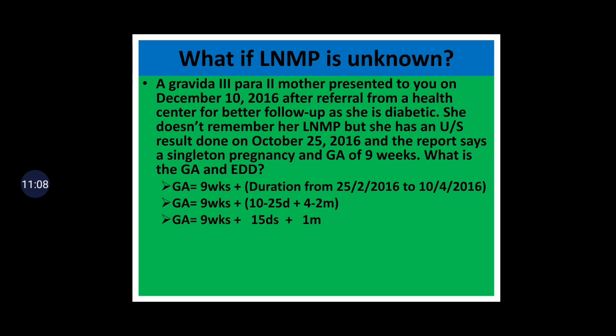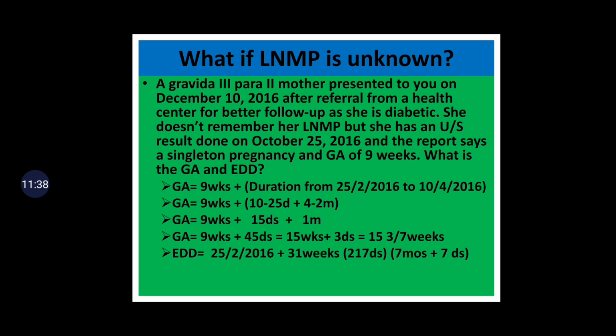As it is impossible to subtract 25 from 10, we transfer 1 month into the days. Then 40 minus 25 gives 15 days, and as we transferred 1 month, the remaining is 3. 3 minus 2 months gives 1 month. Then gestational age is 9 weeks plus 15 days plus 1 month. When we convert into the same measurement, finally we get a gestational age of 15 completed weeks plus 3 days.